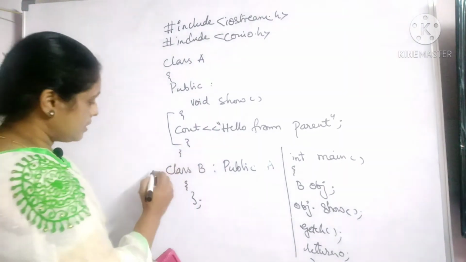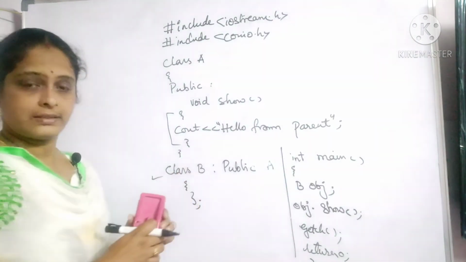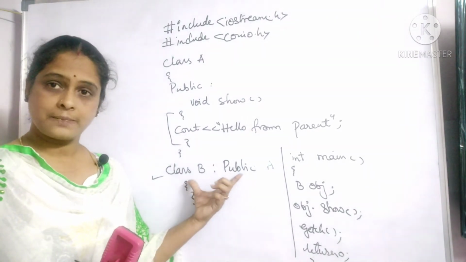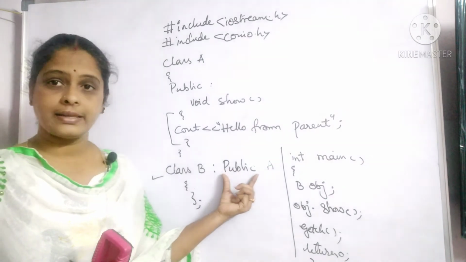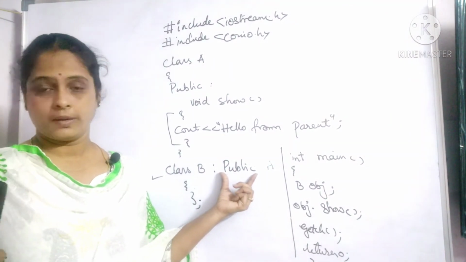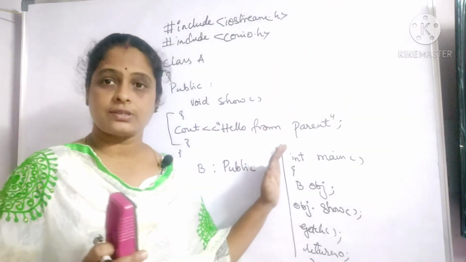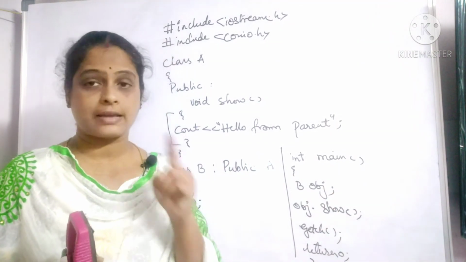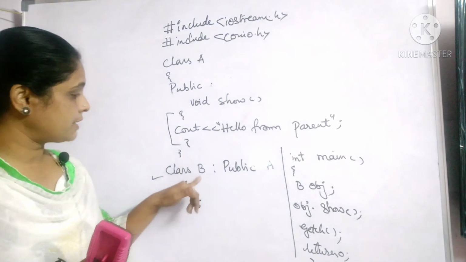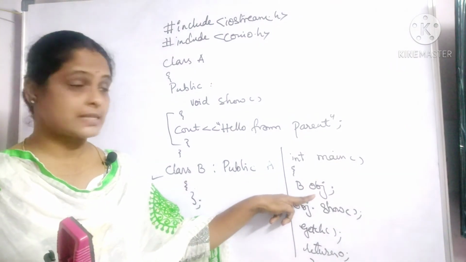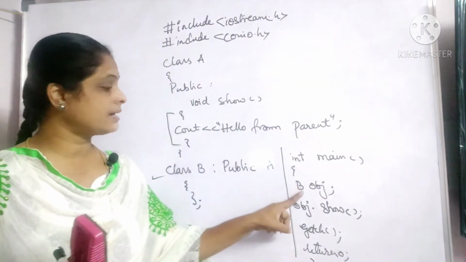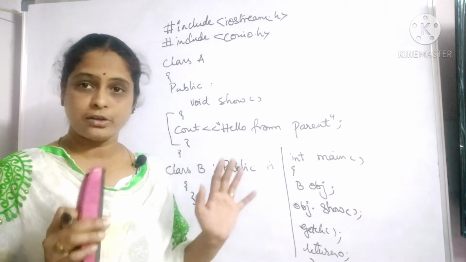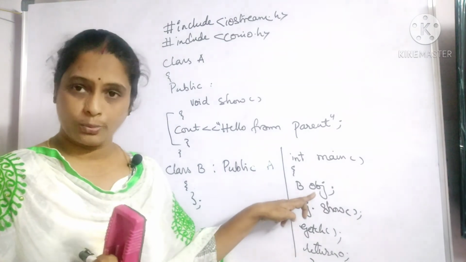After that, I have inherited the child class from the parent class using this syntax, in public visibility mode. Then inside the main section I have created an object for the child class, not for the parent class. My child class name is B, and the object name is obj.